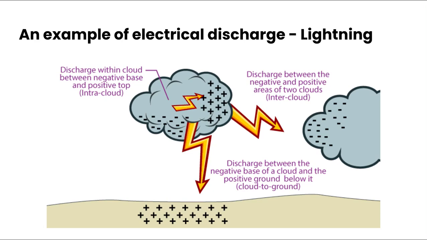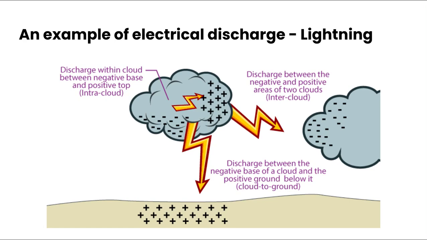What happens over time in clouds is that electrons build up in the air to a point where the sky can't hold them anymore. And so lightning is a discharge, and those electrons are moving, depending on the type of lightning.